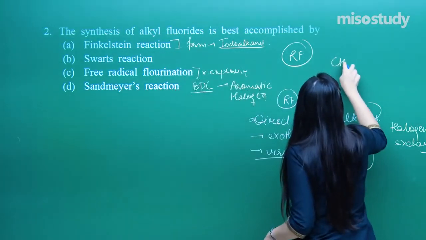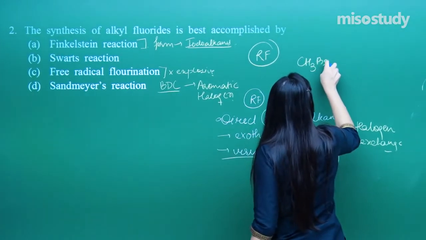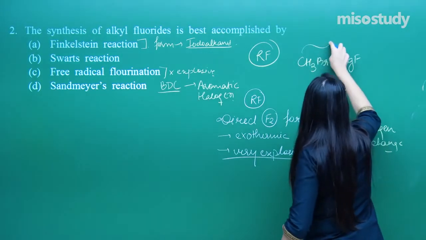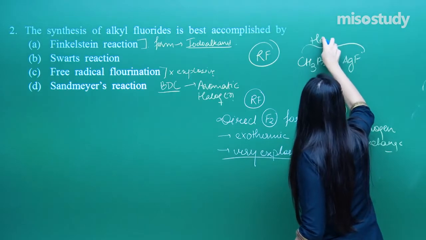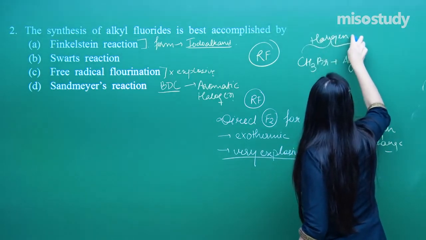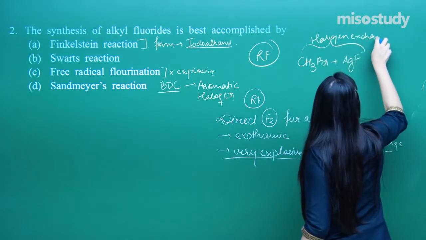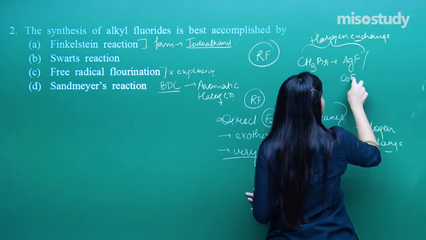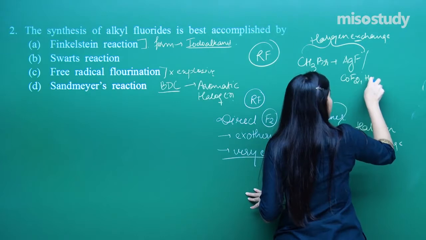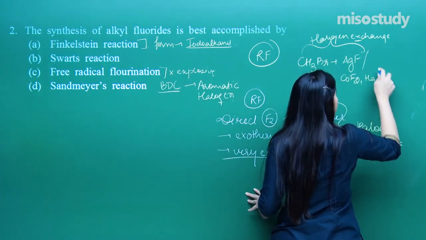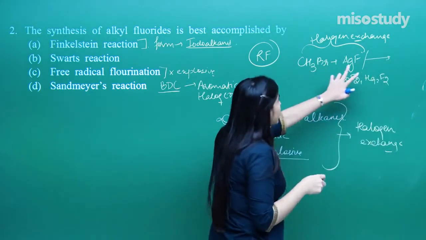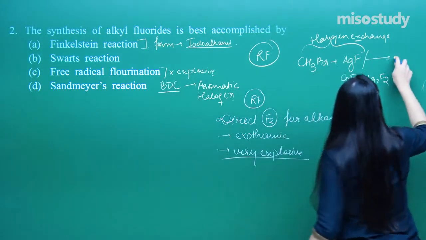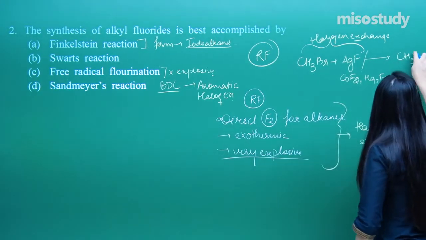In the Schwarz reaction we have, let us say, CH3Br in the presence of AgF, that is a halogen exchange reaction, typical halogen exchange, or I can say CoF2 or Hg2F2. Many reagents can be used and we get the exchange of these halogens, and finally we get the fluorine product, that is CH3F.